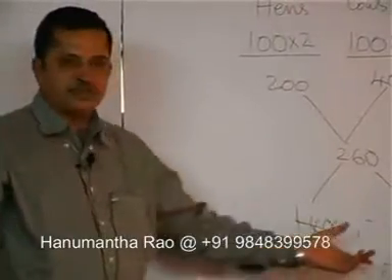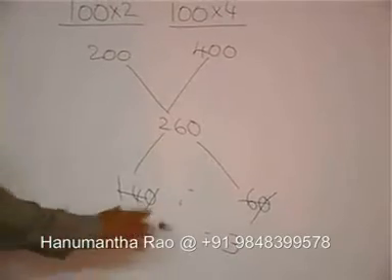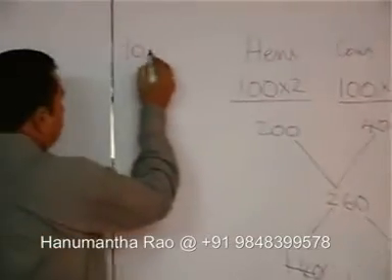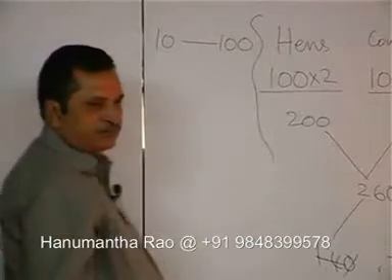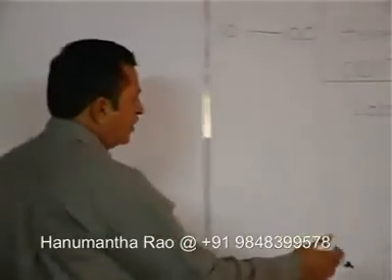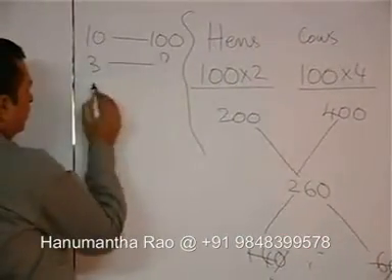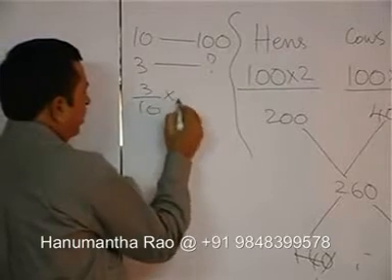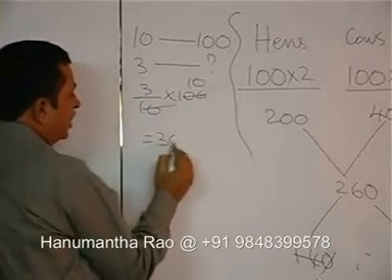It means 7 parts are hens, 3 parts are cows. Put together, 10 parts, there are 100 animals to be distributed. If the value of 10 parts is 100, then how many cows are there? The value of 3 will be 3 by 10 into 100, that is 30 cows.